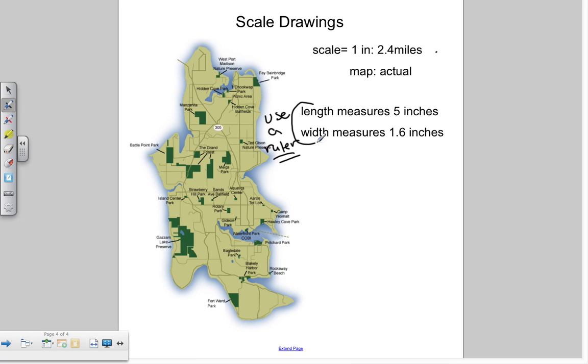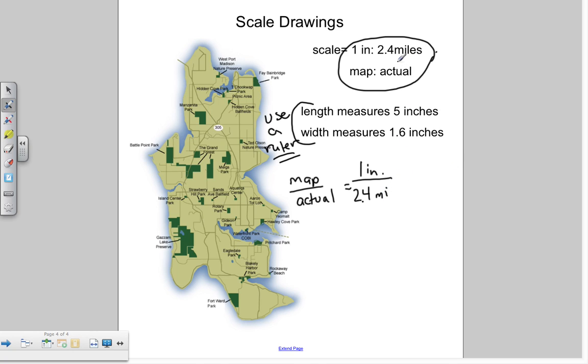using a ruler. Okay, well, how do I find the actual distance in real life? Well, I do the same thing as I did before. I did map to actual, and you could do this the other way around, but I'm going to do map on top. And I start with what's given up here, 1 inch to 2.4 miles.